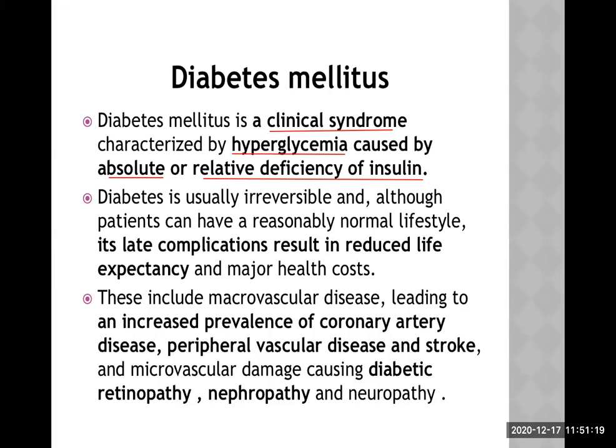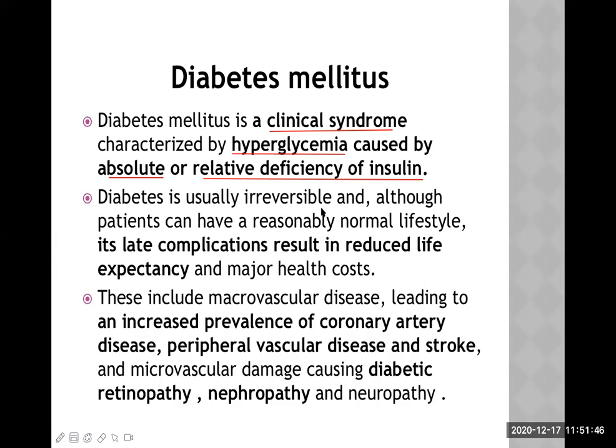This is known as relative deficiency. Or another one, there is a high demand of insulin because of peripheral resistance, but the amount of insulin may not be enough. This is also known as relative deficiency. So absolute deficiency of insulin occurs in type 1 diabetes and relative deficiency of insulin occurs in type 2 diabetes. So both things are included in your definition.